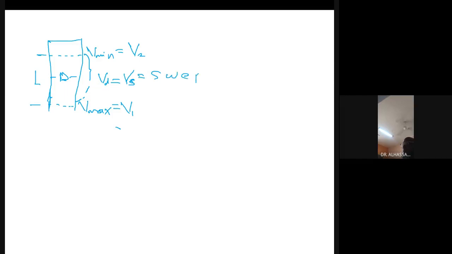Now they say we should find the compression ratio, R. So what is R? R equals V max divided by V minimum, which is equal to V1 divided by V2.